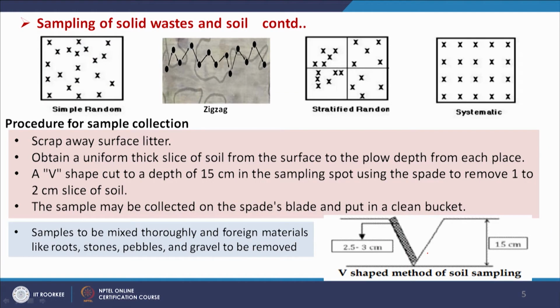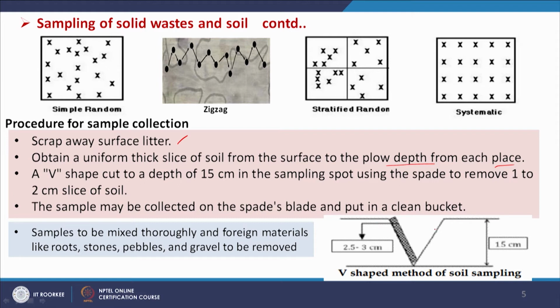Then how will we collect the samples? Here, scrape away surface litter, and obtain a uniform thick slice of soil from the surface to the plough depth from each place. Every place we will be following the same method, and here a V shape cut to a depth of 15 centimeter.